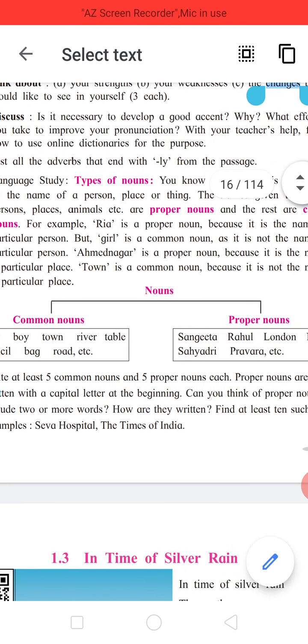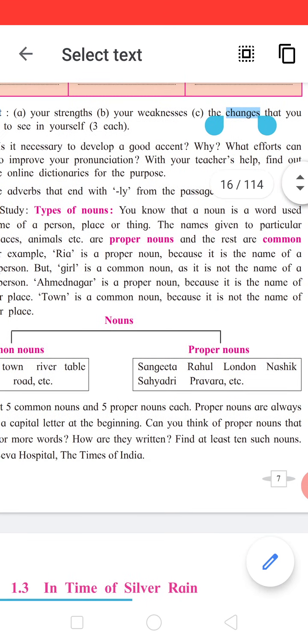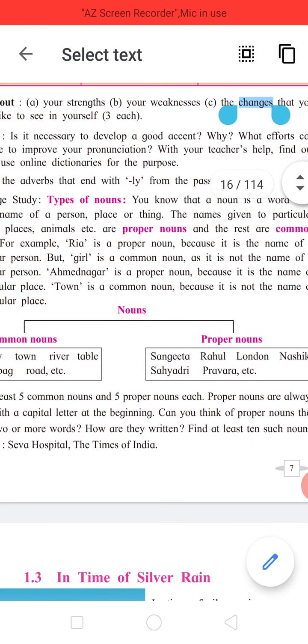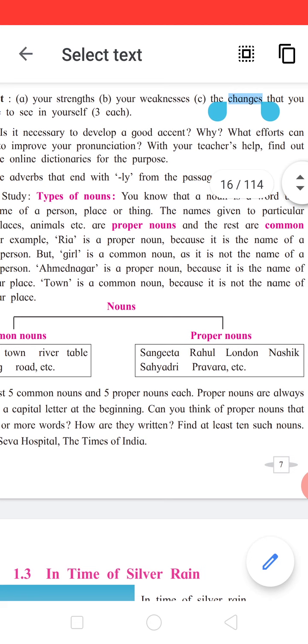Next question is nouns. You all know the meaning of noun. Noun means the name of a person, thing, animal or object. And some nouns are about particular animals, or places or persons or objects. So they are called proper nouns.